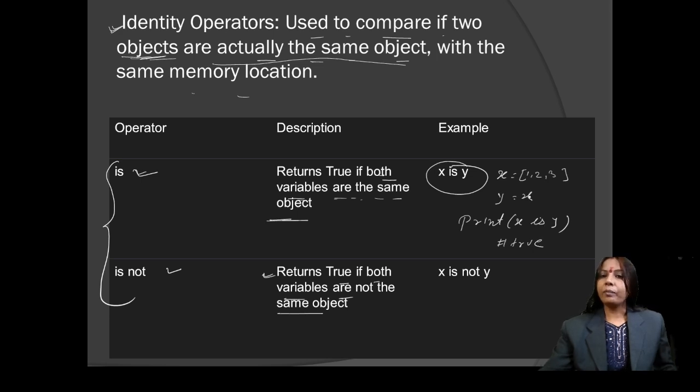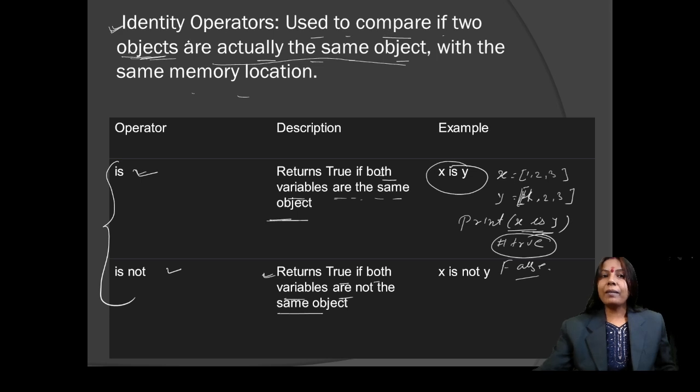But now if you assign another value to y, the same value like 1, 2, 3, and then use the is operator, x is y, this will provide a false result.